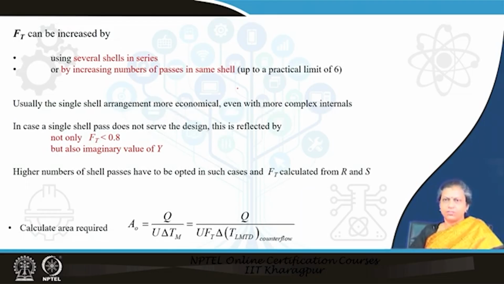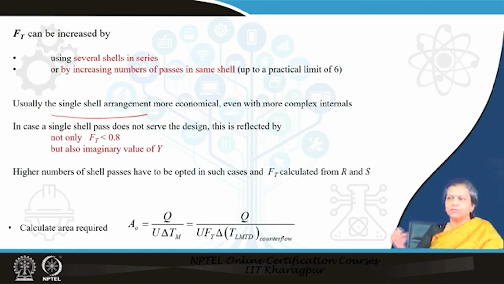Usually from economic considerations, we try to opt for the single shell arrangement. This is definitely much more economical, even if it involves more complex internals, because if there are multiple passes, naturally the internal arrangement is going to be more complex. But even with that, we would prefer a single shell arrangement.